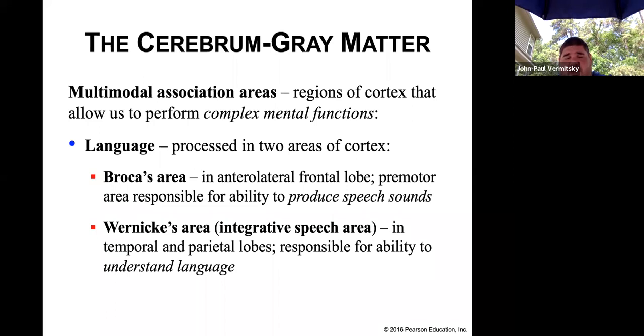Wernicke's area, on the other hand, is in the temporal and parietal lobes, and this is for your ability to understand language. This is the area where you'll be able to cognitively develop words. And a lot of times with stroke patients, Broca's area is typically an area where we see damage during most cerebral vascular accidents.